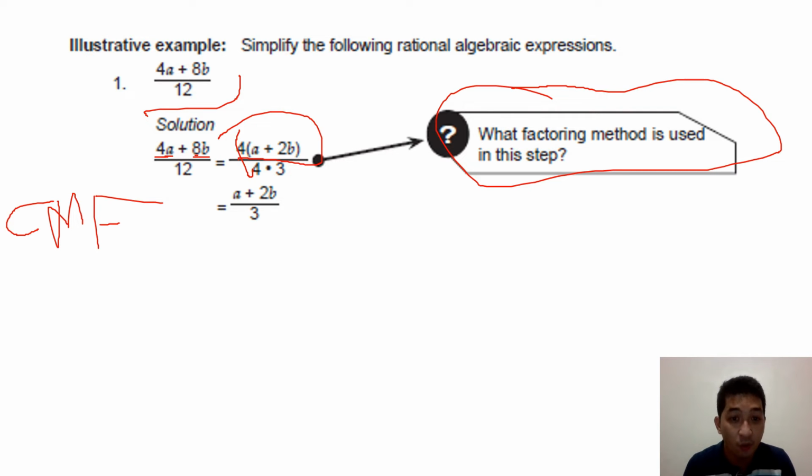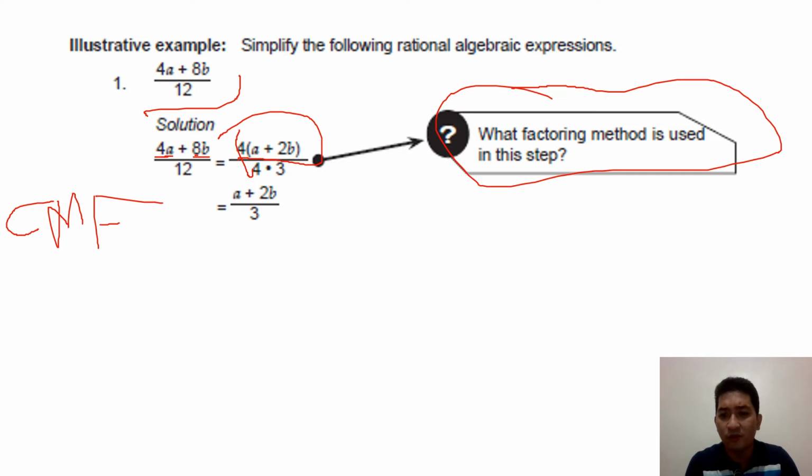Paano ba natin yun makukuha? So, based dun sa video, alam ko namang pinanood ninyo, divide nyo lang yung original expression doon sa common monomial factor. 4a divided by 4, it's simply a. And then 8b divided by 4, it's 2b. Okay? Over 4 times 3.